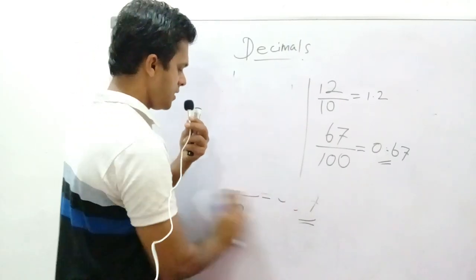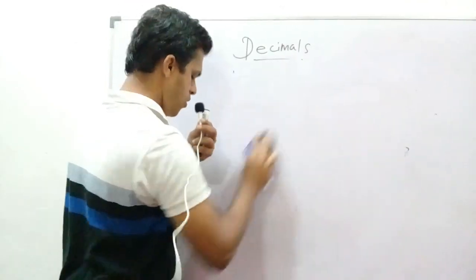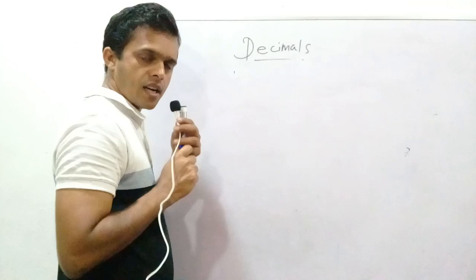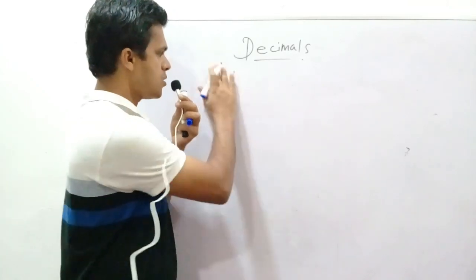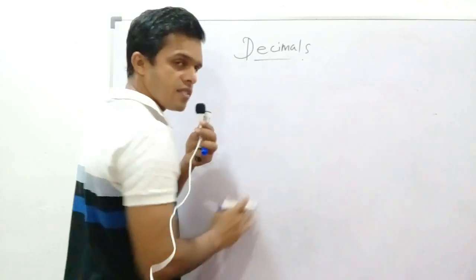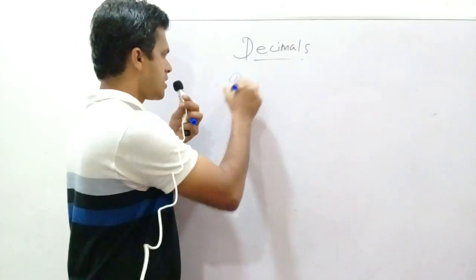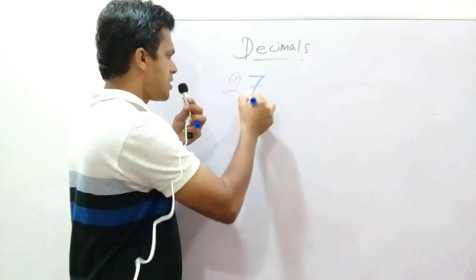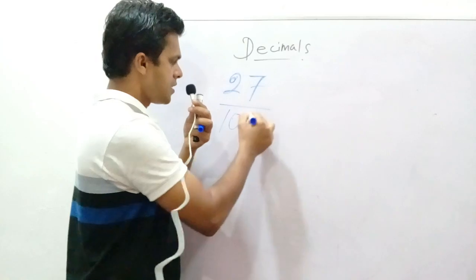Okay, now can you understand how I converted these fractions into decimals? Think of this one, 27 over 100.